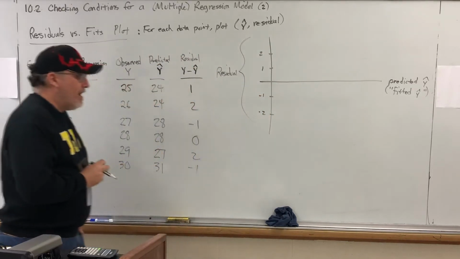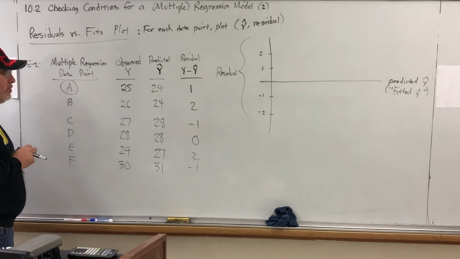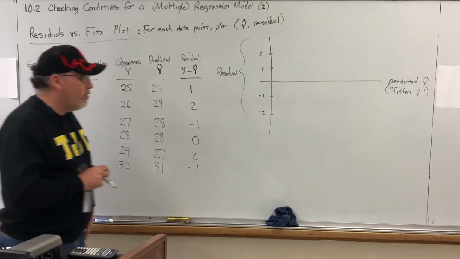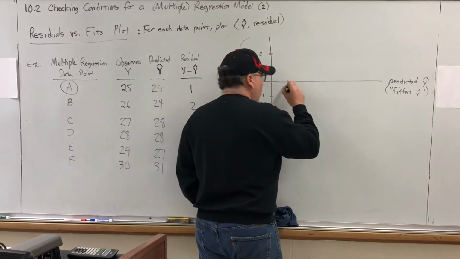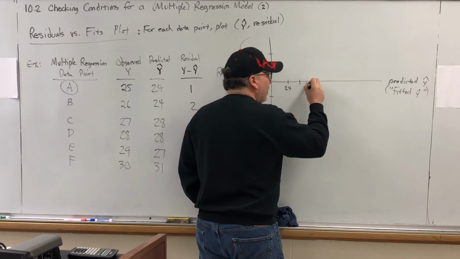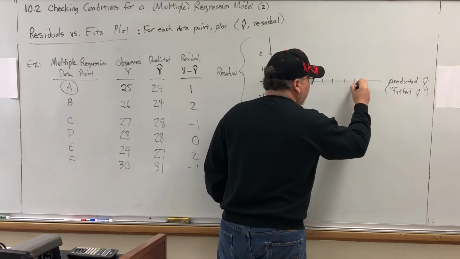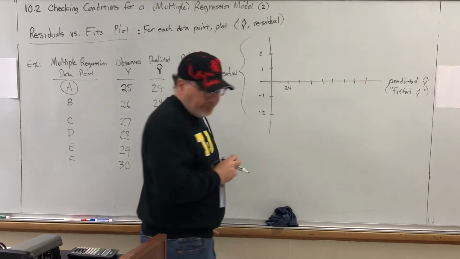And then for our y-hat axis, these predicted y values only go between 24 and 31. So we'll just start at 24, 25, 26, 27, 28, 29, 30, 31.